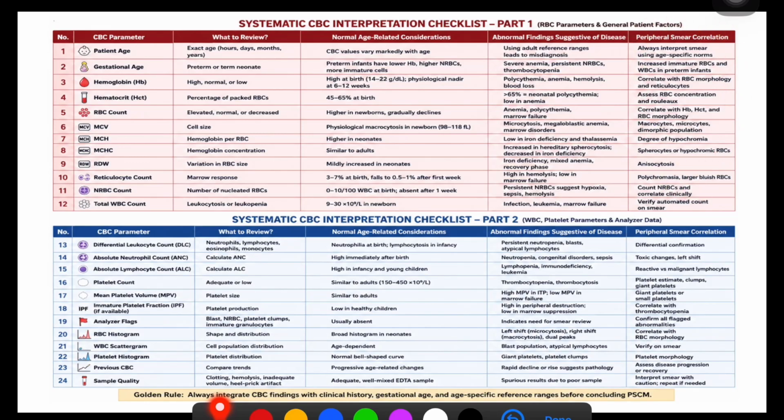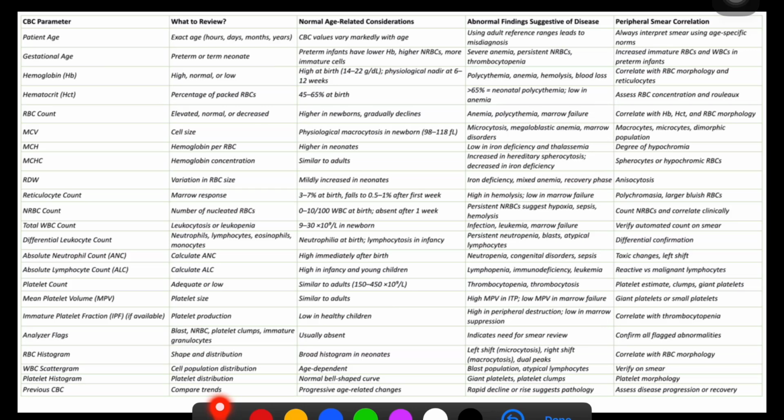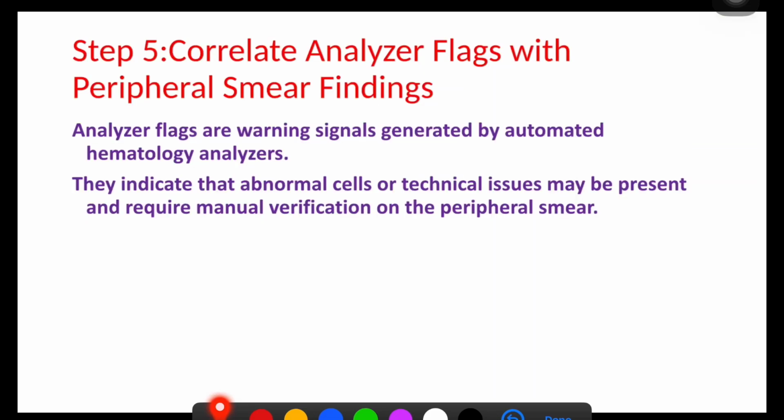So take a print of this checklist and always go through this chart whenever you see CBC of pediatric patient. This is again the same features which are given in the checklist. So go through this table form and you can learn many different points.